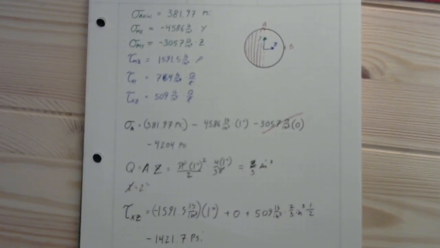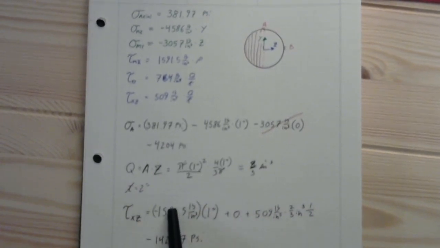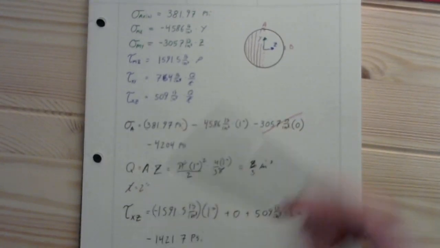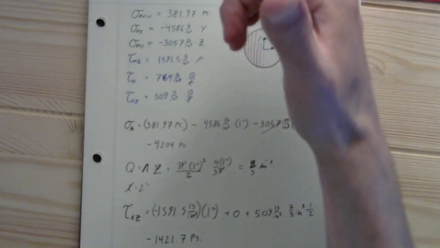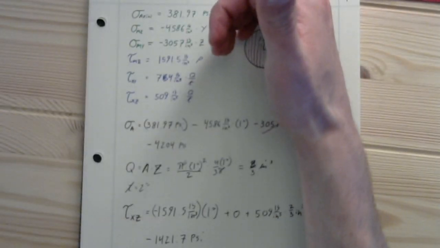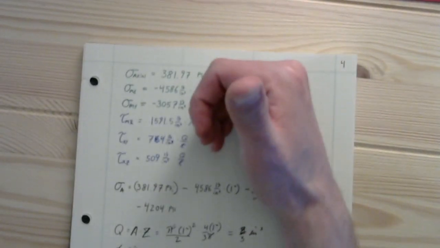Note that the torsion of this is going to cause negative shear stress, but the applied shear is going to cause positive. Right? If we've got positive torque, which means that at the top, the shear is in the negative direction, right?